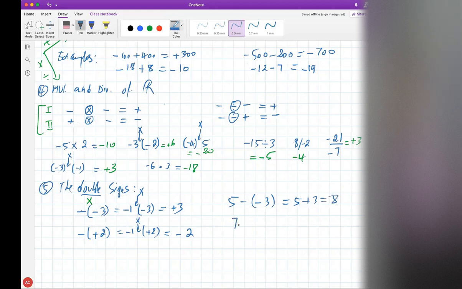What if you have this? Seven plus, minus in parentheses 4. What is that equal to? Not negative 2. Think about the double signs.